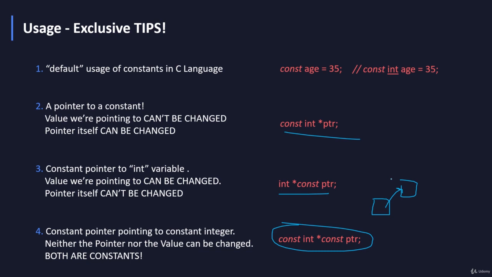We've covered the top used cases with constants and pointers. Make sure you write down these notes because that's super important. Run some examples on your own and make some tests to make sure everything I said is correct.